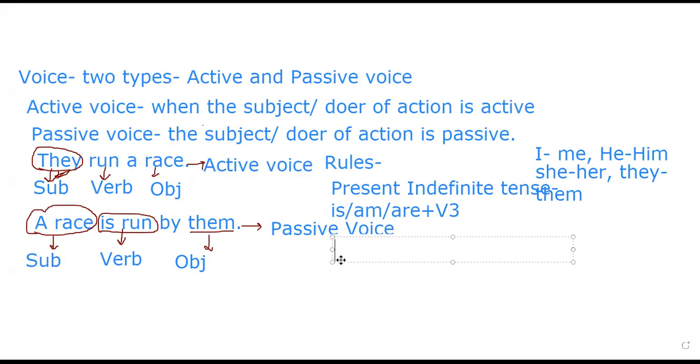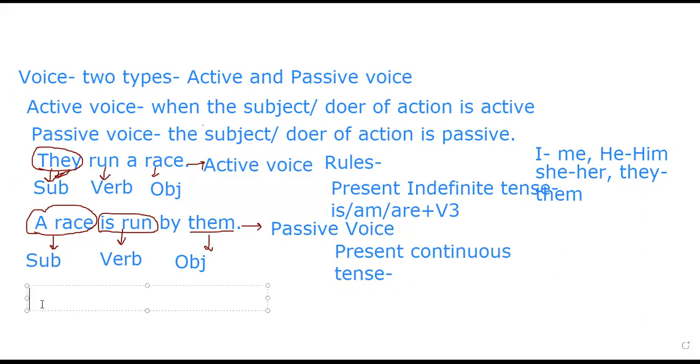If it is present indefinite tense, sorry, present continuous tense, then how will it change? I'm giving you an example.